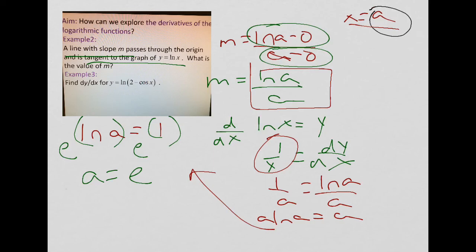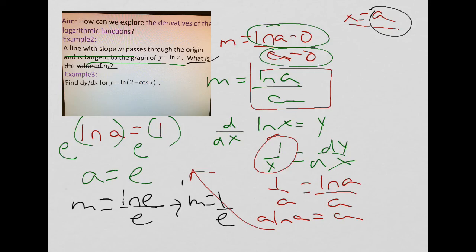Ta-da! Which isn't what we need. We just need the value of our slope. So if our value of our slope is 1 over a, and we just found out that a is e, this gives us the slope is 1 over e. That's our final answer for example 2.